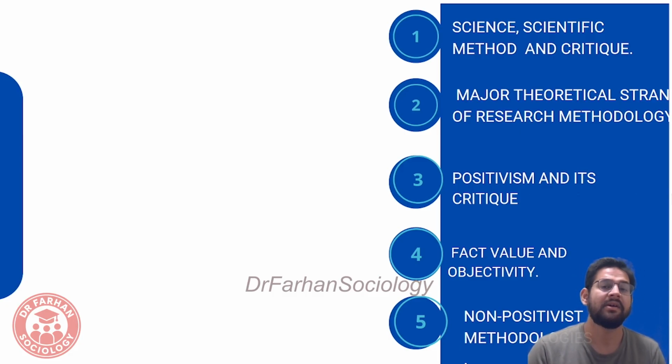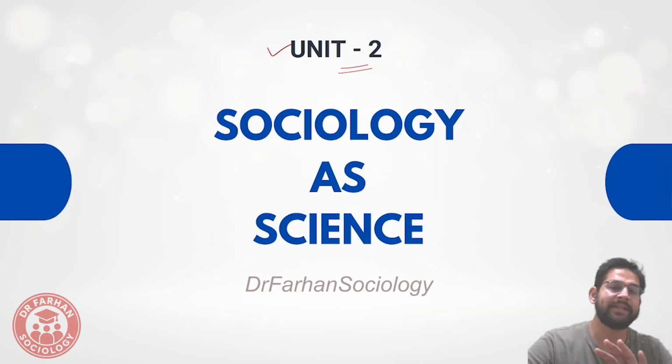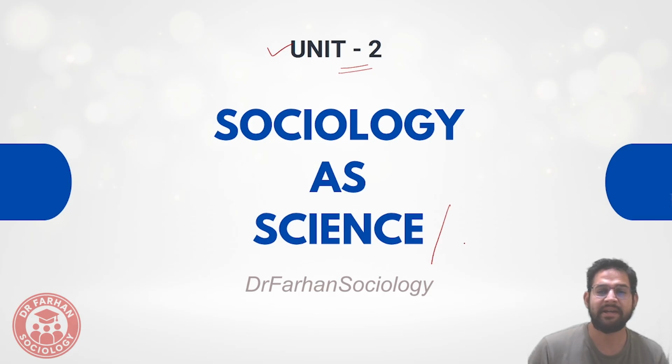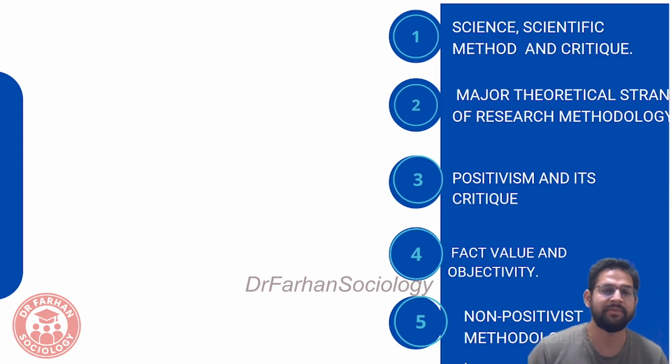It means the way you look at physics, chemistry, biology, in the same way you need to look at this subject. So this debate of whether it is science or not, whether it is arts or not, was the kind of debate. So Unit 2 is basically sociology as science, or I can say the debate is whether it is arts. There is no answer to it, let me tell you that beforehand.